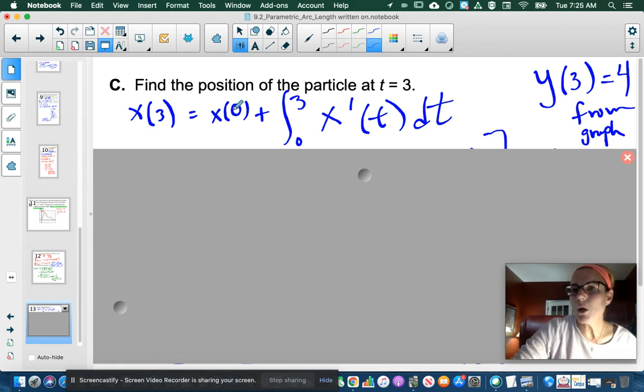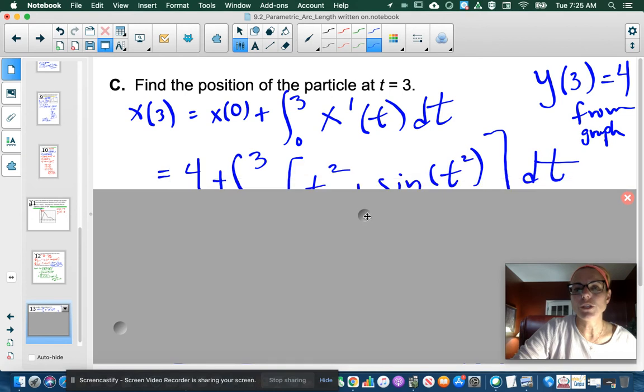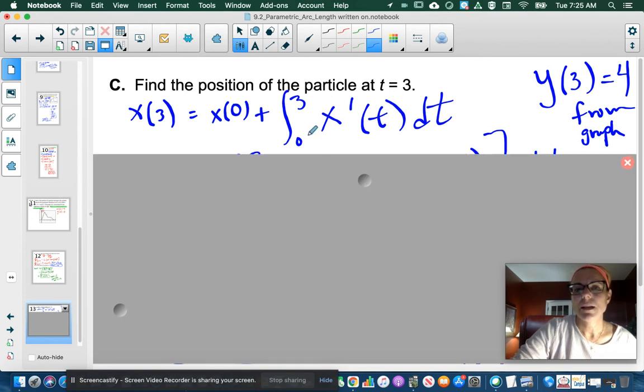The position of the particle at t equals 3 is represented by x of 3. So therefore, to get there, I know my starting position, and I'm adding to it my distance traveled to get to the 3, which is integrating. Think about it. I'm integrating a derivative. I get back to my original, which will give me this initial plus this will give me the position of the particle.